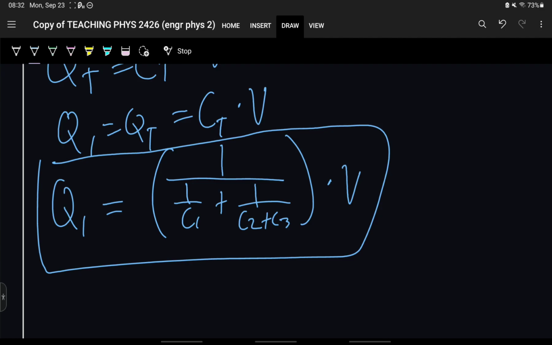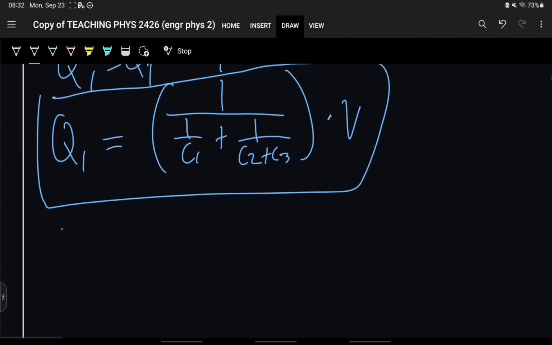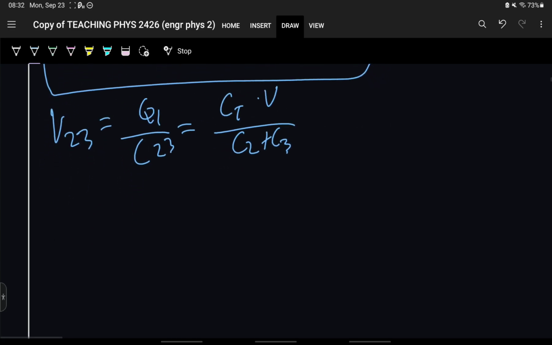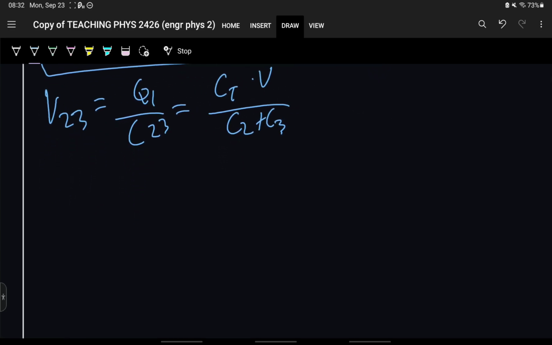The voltage across the combination of C2 and C3 is going to be V23 equals Q1 over C23, which equals C sub T times V, all divided by C2 plus C3. And since C2 and C3 are in parallel, they share the same voltage V23.